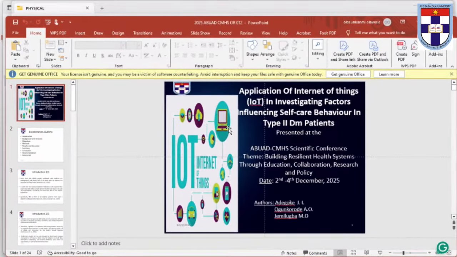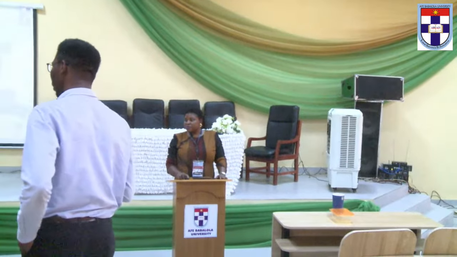Even while we are still eating, let's clap. Well done. Internet of Things in Type 2 Diabetes Management. Do we have questions from students?